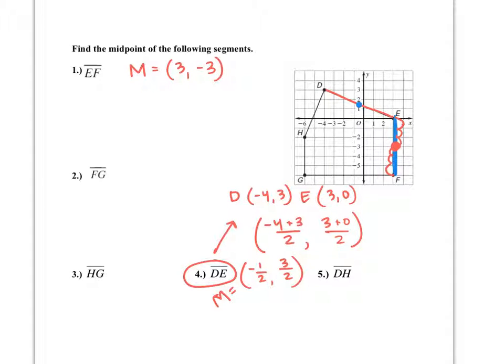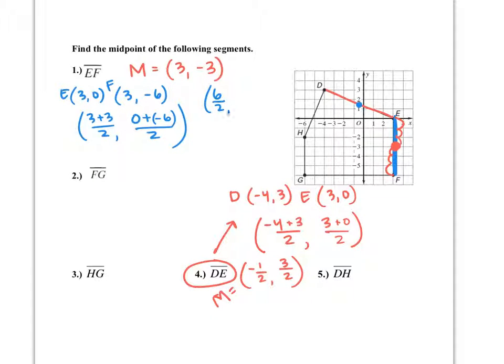Going back to number 1, line segment EF, if you had wanted to say E was at the point (3, 0) and F was at the point (3, -6), and used your formula to say (3 + 3)/2 and then (0 + -6)/2, you would get 6/2 and then -6/2, which is the point (3, -3).